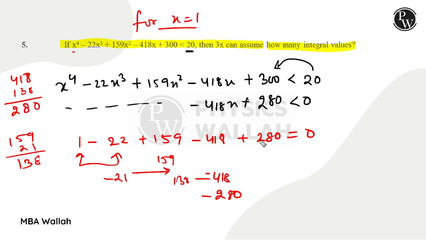Now remember, this is negative 280, and we already have a positive 280. Negative 280 plus positive 280 becomes 0. That means x equals 1 is a root.